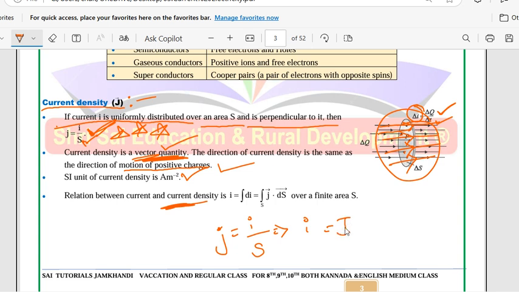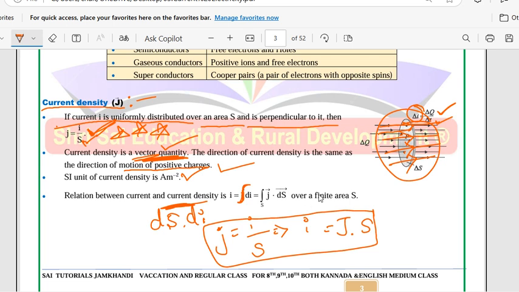If I want the current only, it will become J into S. To do this, we need to integrate over a smaller part of the surface area, a small surface dS having the current dI. The integral of dI, that is the current I, is equal to the integral of J into dS over the surface S.